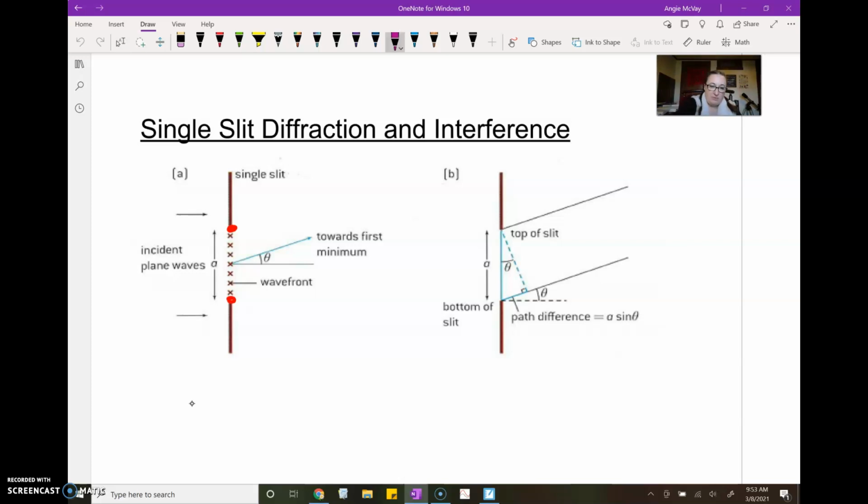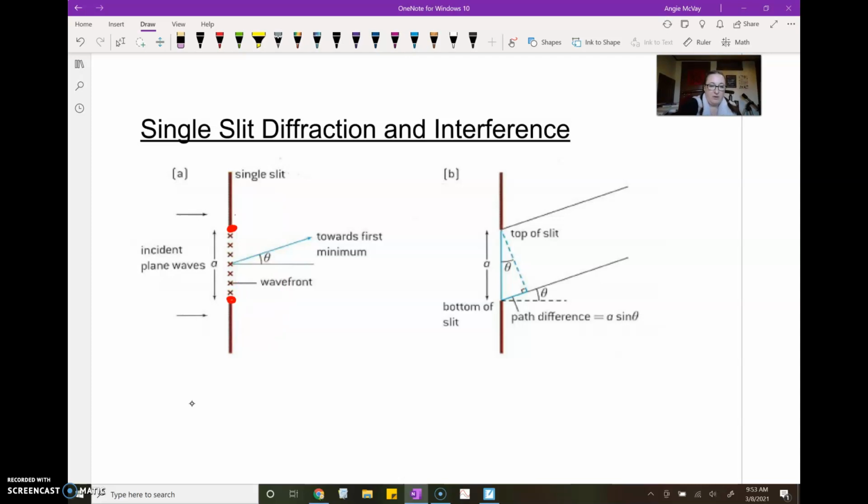Waves come through the slit and produce little waveforms on the edge. And those waves interact with each other to produce an interference pattern.